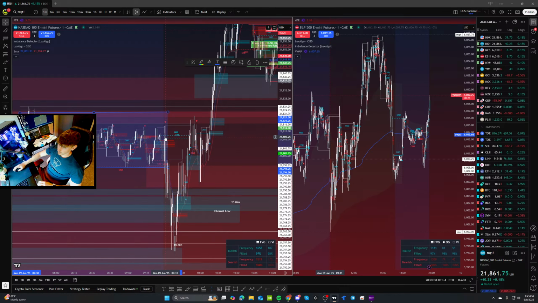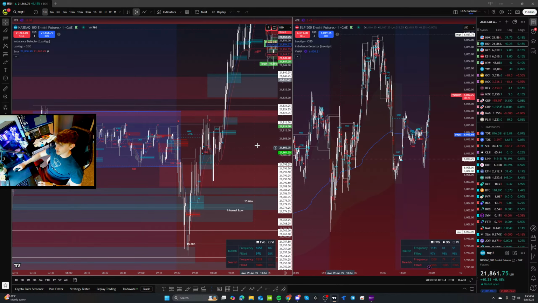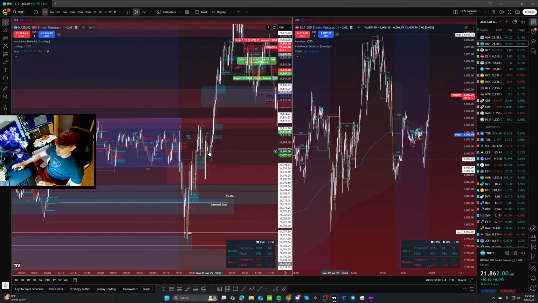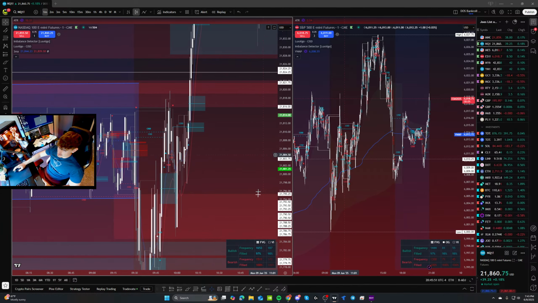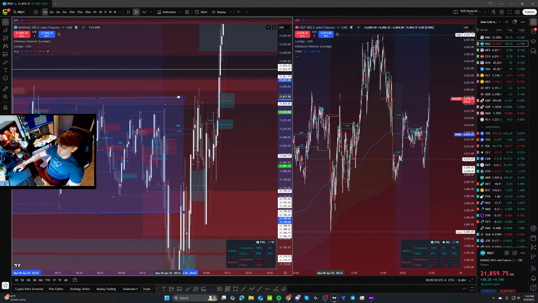But then obviously here you can spot the manipulation, right? So the manipulation today. Now the thing is, it's all with the time frames. It's crazy how it works on every time frame. So technically speaking, if you wanted to do a 1 minute manipulation, this was it.